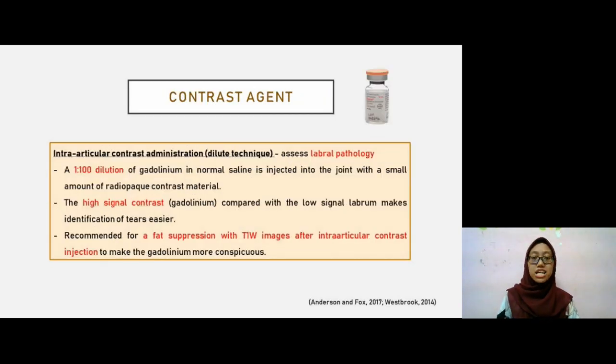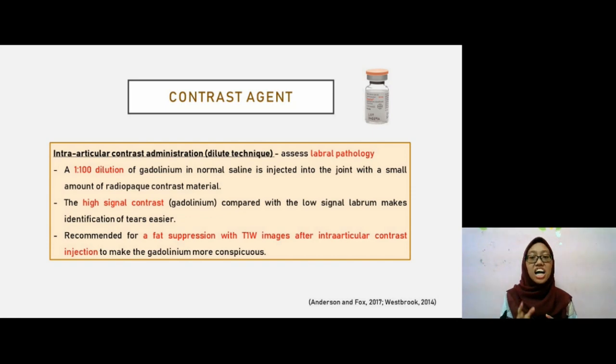For contrast agent, intra-articular contrast administration, which is a dilute technique, is used to assess labral pathology. A 1:100 dilution of gadolinium in normal saline is injected into the joint with a small amount of radio-opaque contrast material.